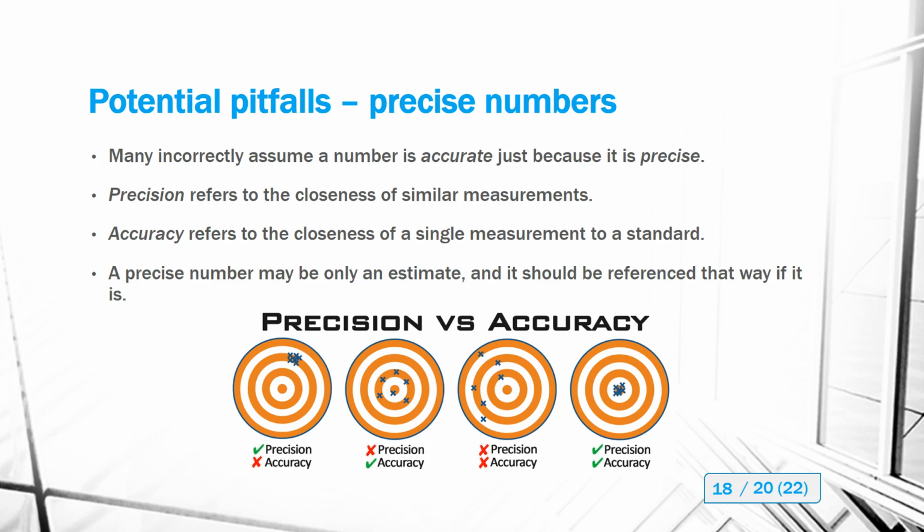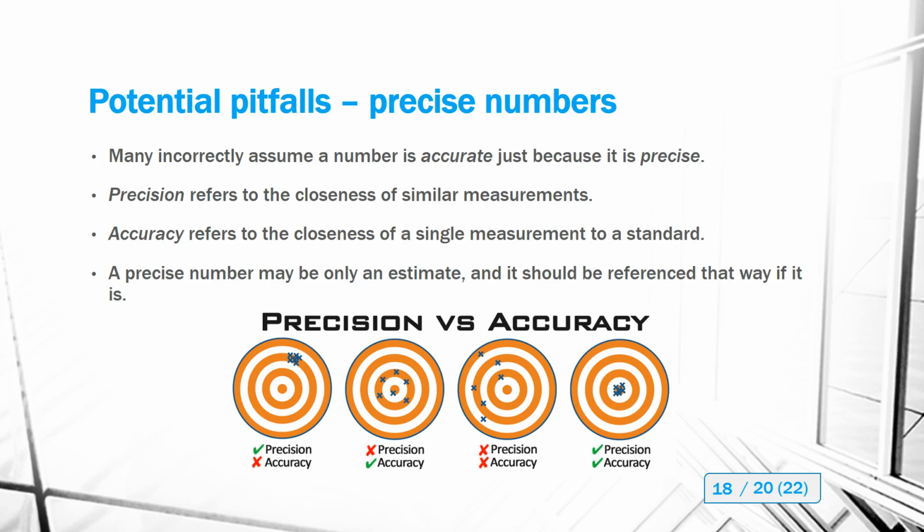That's the standard. So that first target there on the far left, these shots that we see are precise but not accurate. You're going to the next one, just to the right of it. The shots are all kind of sort of somewhat around the center, so they are accurate because they're close to that standard, but they're not very close to one another, and so they do not have precision.